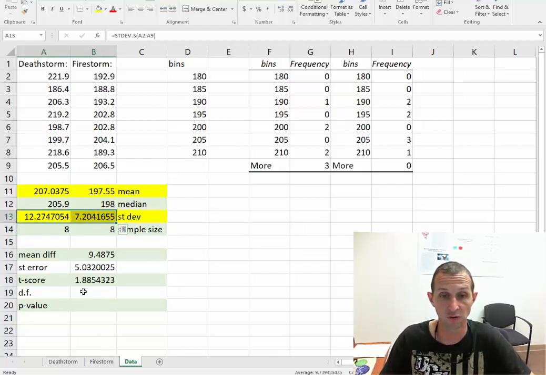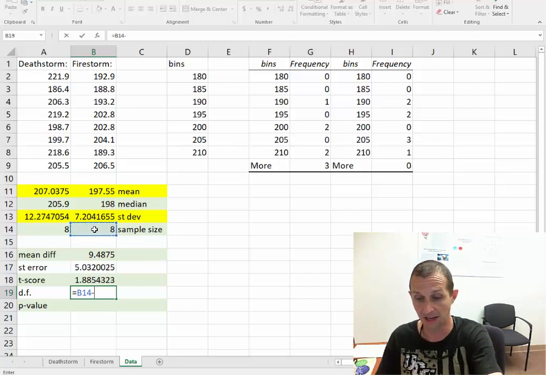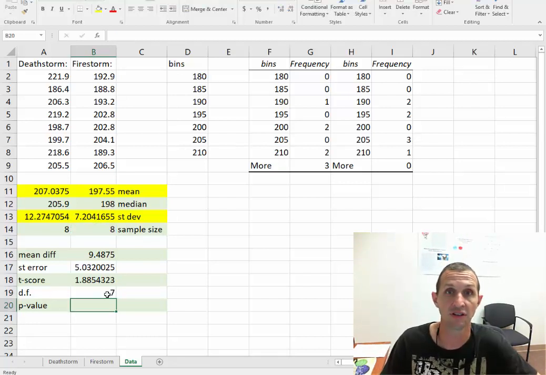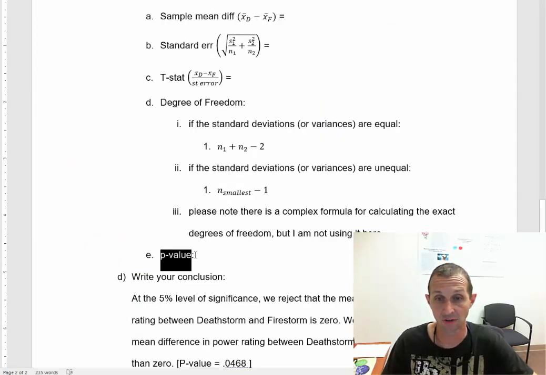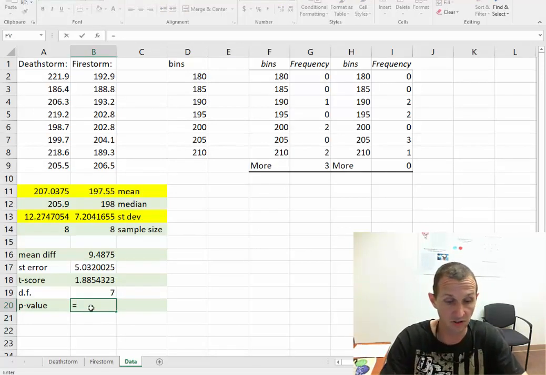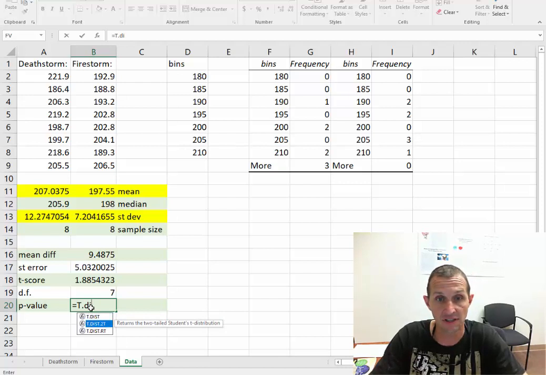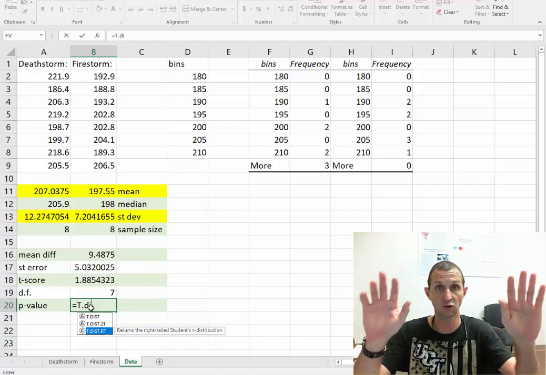All right, so what I'm going to use is the degree of freedom of the smallest sample size. Well, they're both the same, right? So I'm going to take that sample minus 1, and I'm going to have a degree of freedom of 7. And now I'm ready to calculate the p-value, which is really what I want. Now this is a t distribution, so you're going to use T.DIST, right tail distribution, because we're doing greater than.